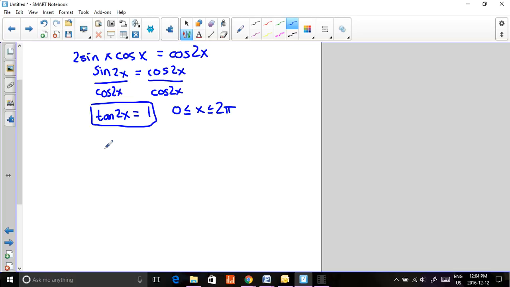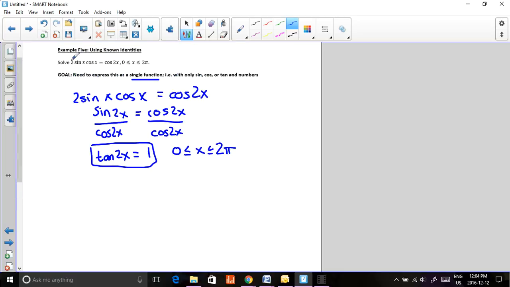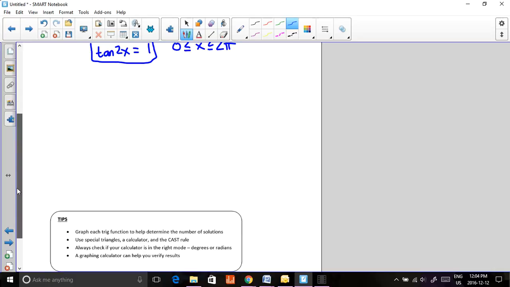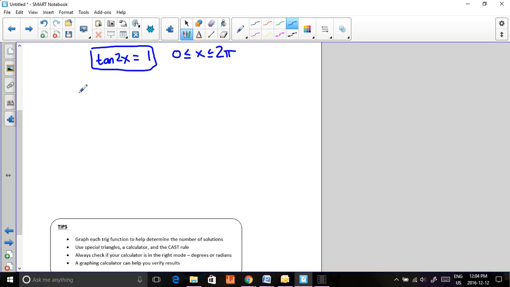So I can go ahead and solve this, which is the same thing as solving this equation. So if I'm able to solve this equation, that's an equivalent equation to this one, so they will have the same set of solutions. So tan 2x is equal to 1. Well, tan is positive in 2 quadrants. It's positive in quadrant 1, and it's positive in quadrant 3. Okay, but I have tan 2x there, so I have to do this whole u equals 2x thing.